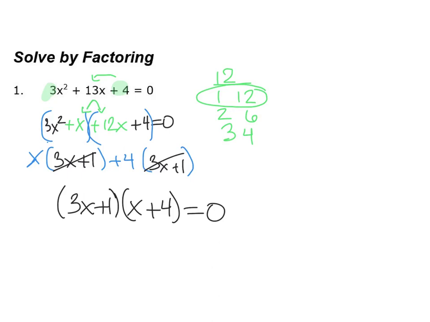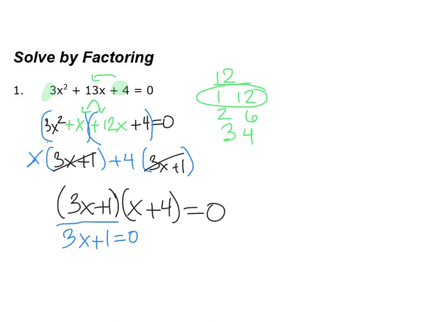And the reason why it's equal to 0 is because we're going to come back and solve each binomial for what the x value is. From here, we need to take each binomial. So I'm going to start off with this first one. If 3x plus 1 equals 0, then I need to solve.